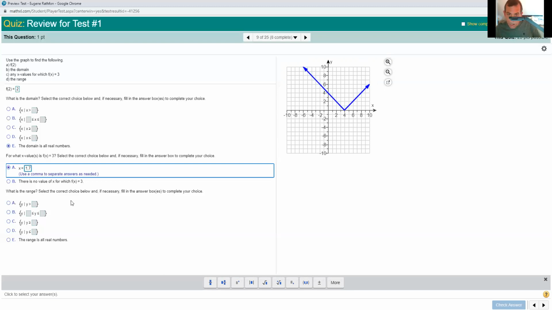What is the range? Now the range is the y values. Now remember, the smallest y value is sitting at the 0 right here on the x-axis. It does not go below the x-axis, so the range cannot be negative. So the range looks like it's going to start at this 0, and it's going to keep going up forever.